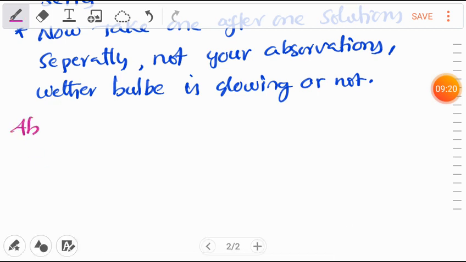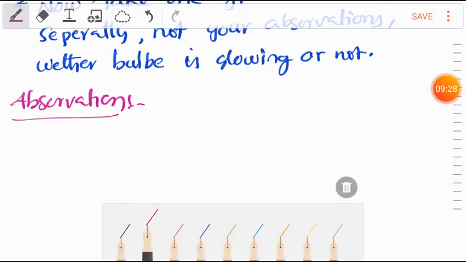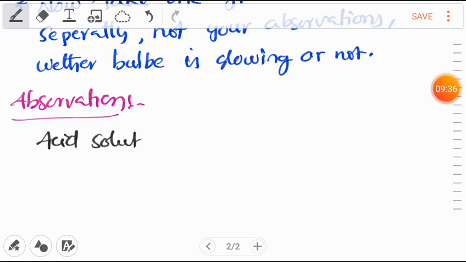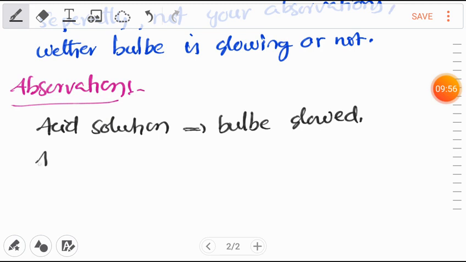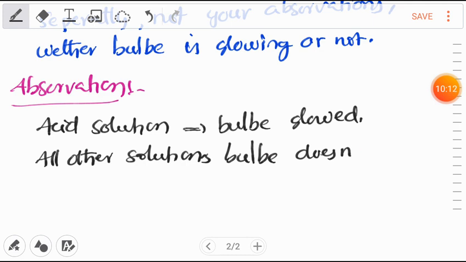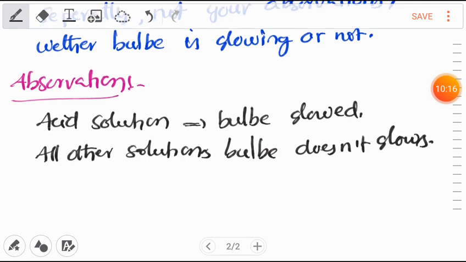So what observation did we make? In acid solution the bulb glowed; in all other solutions the bulb doesn't glow.